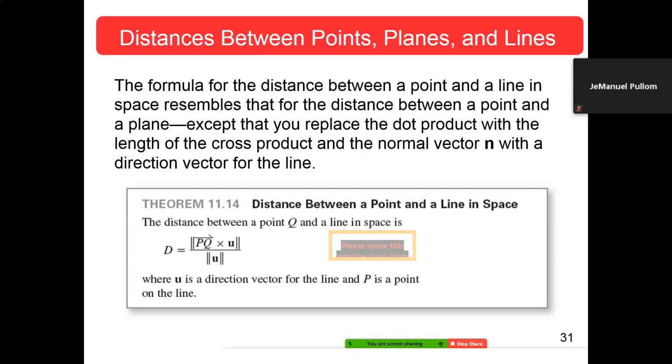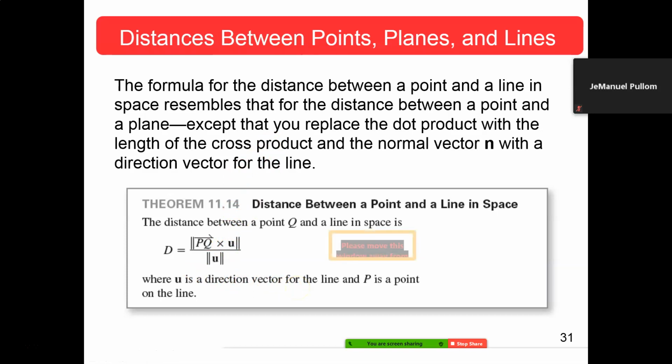The distance between a point and a line in space is the magnitude of the cross product of PQ, P being a point on the line, Q being a point in space, not on the line, crossed with the direction vector for the line, which is your ABC.